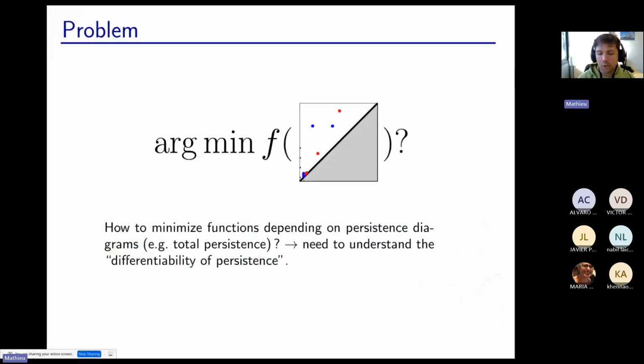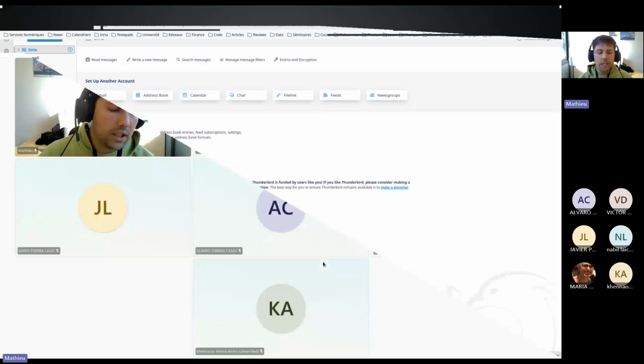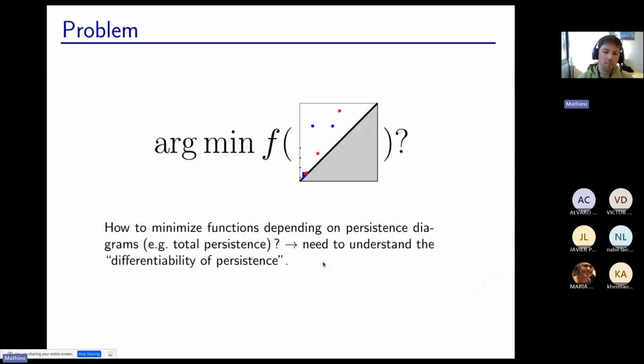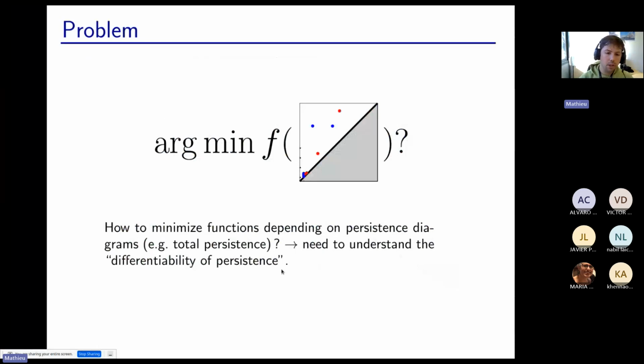One common feature of all of these applications is the ability to minimize a loss or a function that is defined on a persistence diagram. Or equivalently, given that many models are now optimized with gradient descent, if you think about training a neural network, the question amounts to defining what the gradient of a persistence diagram is.